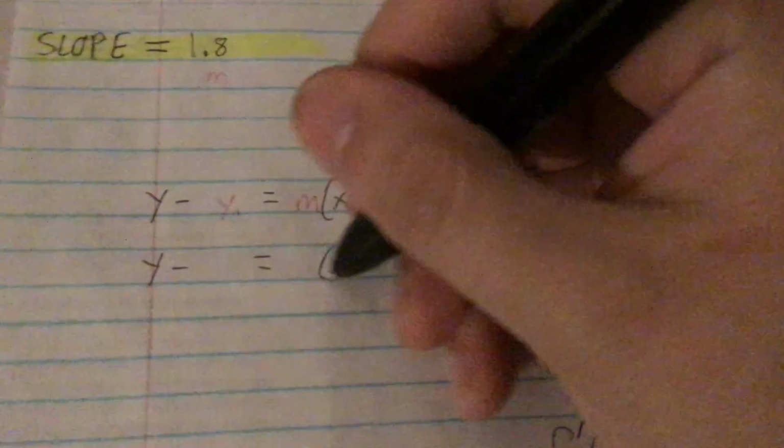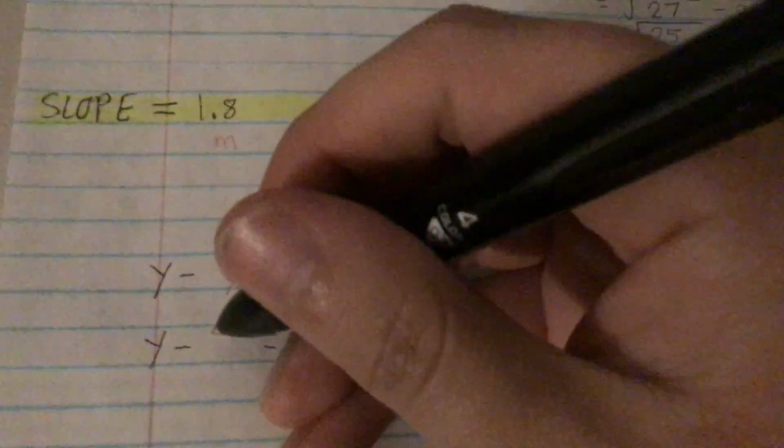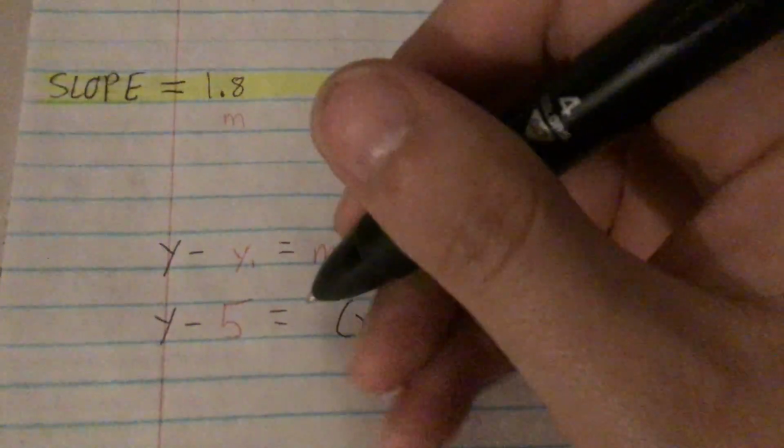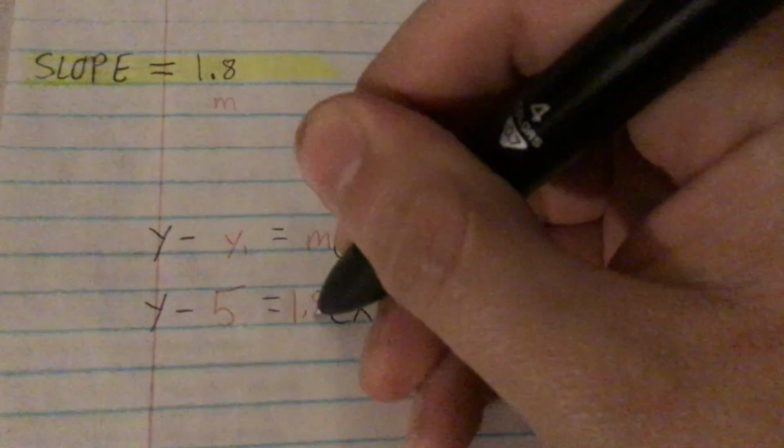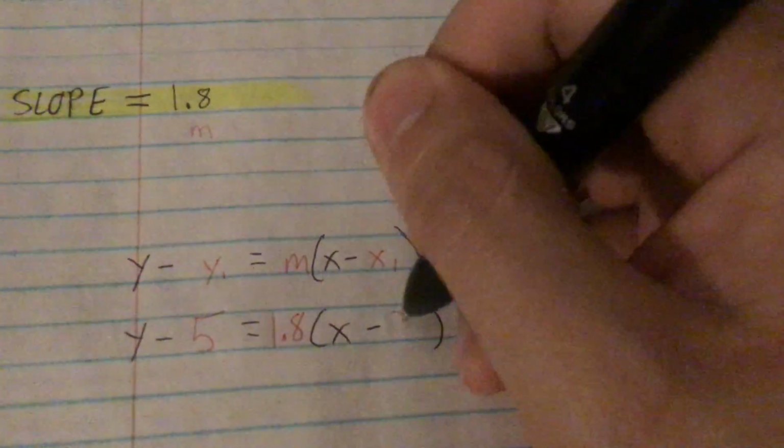Or specifically, I'm going to plug in for y1, m, and x1. y1 is 5, m is 1.8, and x1 is 3.